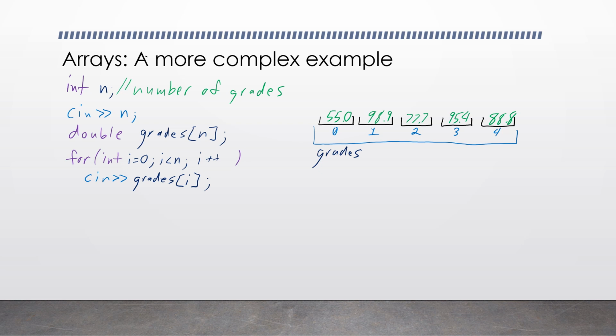So I'm going to say double average grade equals, I'm going to say that I wrote a function called average, and it takes an array of grades and a number of grades to average. Okay, and it returns my average grade.